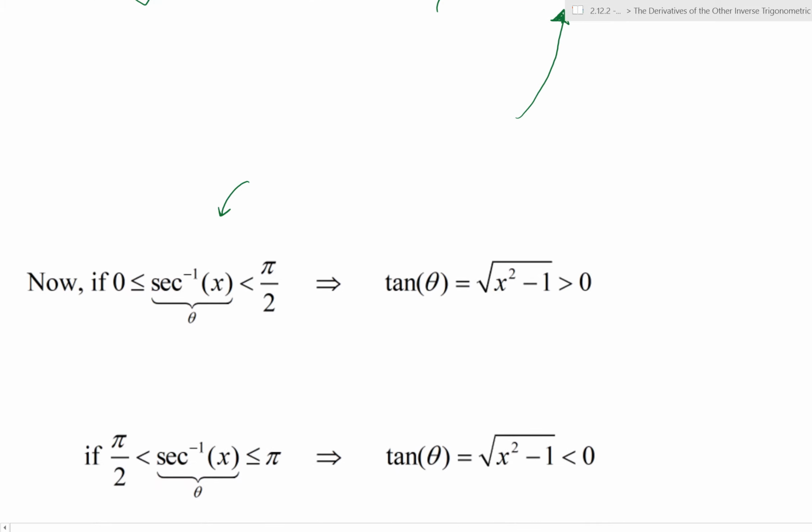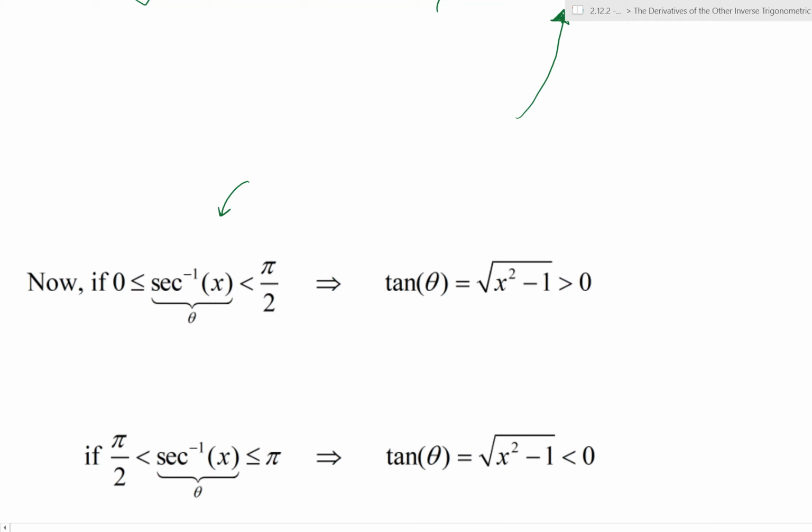And also, if the secant inverse of x, which again is our theta, is larger than pi over 2 but less than or equal to pi, then we're over there in that quadrant 2 arena, and our tangent of that angle theta is going to be square root of x squared minus 1, which we've already established, but it would be negative, right? Assuming, of course, we're not at pi, because if we're at pi, it would be 0.